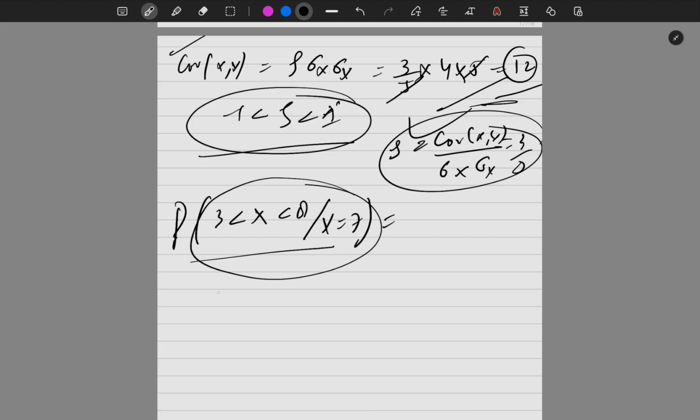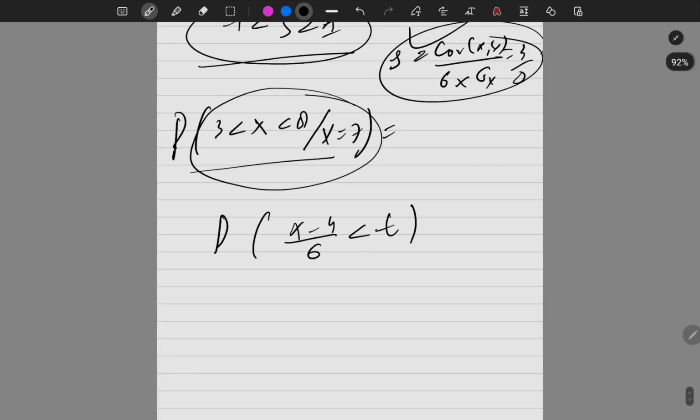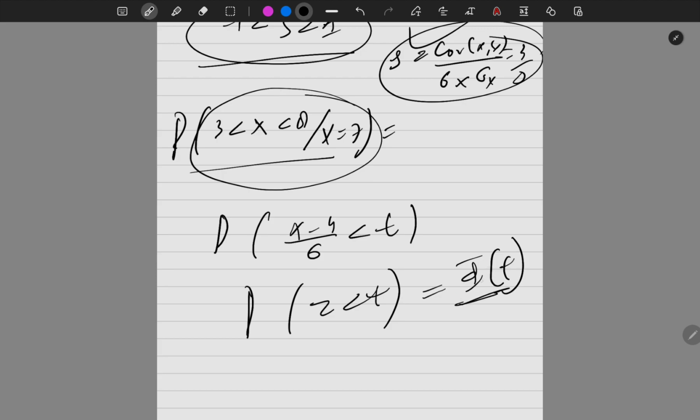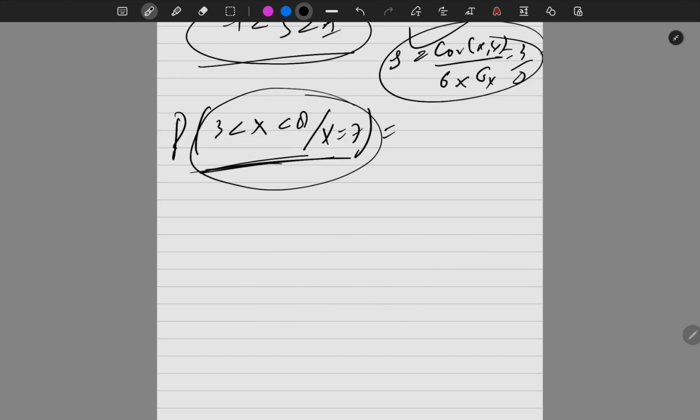So when you are calculating this, x minus mu upon sigma, less than z less than t, so this will be probability z less than t, which is equal to phi of t, right? You are given the standard normal table where phi of something is given.